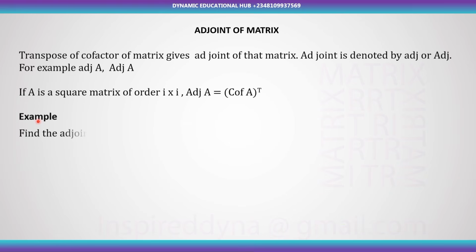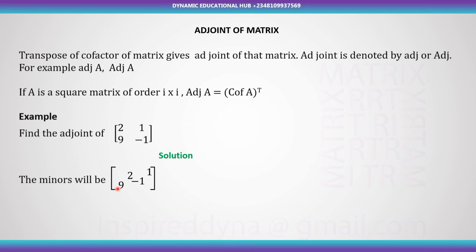For example, find the adjoint of this matrix. Let's see how to find the adjoint. The first thing is you find your minor first. The minor will be, as usual, just swapping. Swap this. These are the minors.